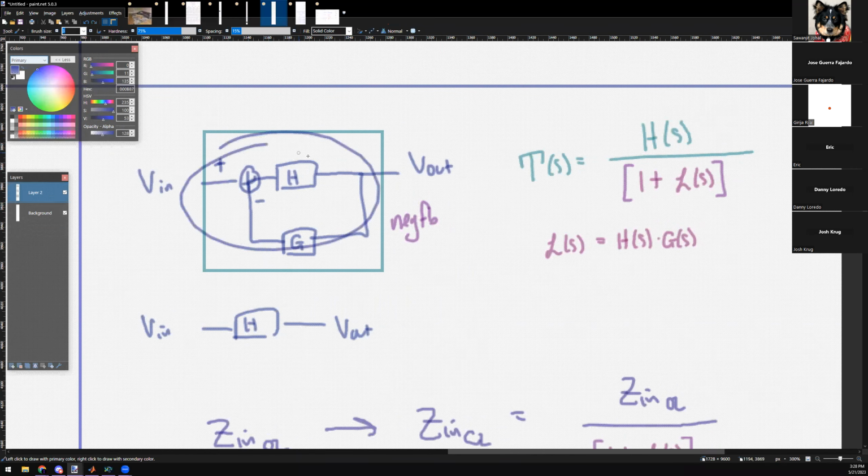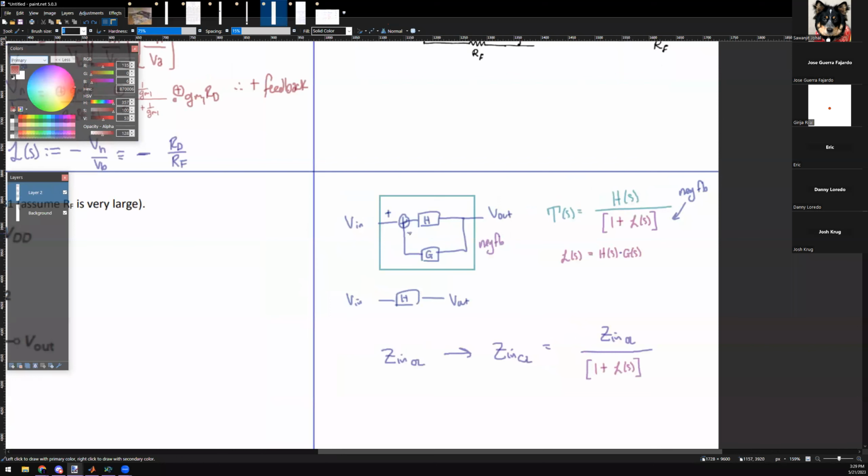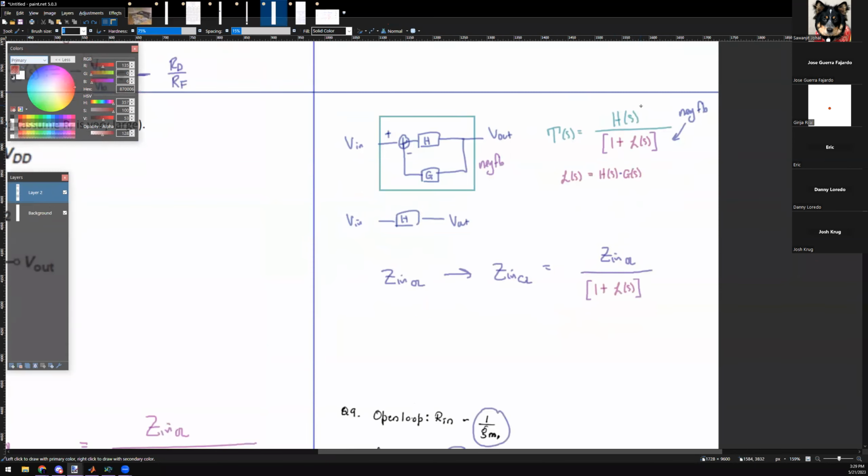Because basically it's as if I put a -1 here. And the -1 cancels out, and this -1 is part of G, so now it's a negative G. Does that make sense? It's just playing around with this -1. Basically, if you have negative feedback, it's this. If you have positive feedback, it's going to be this.